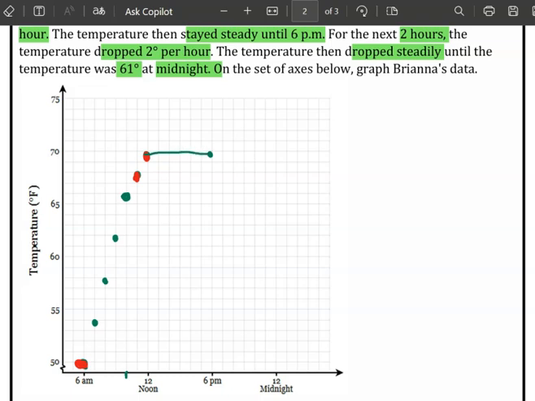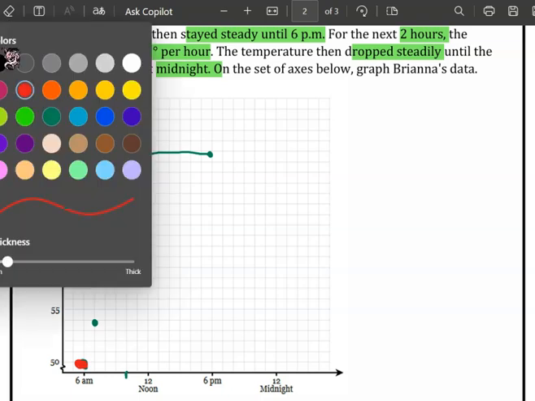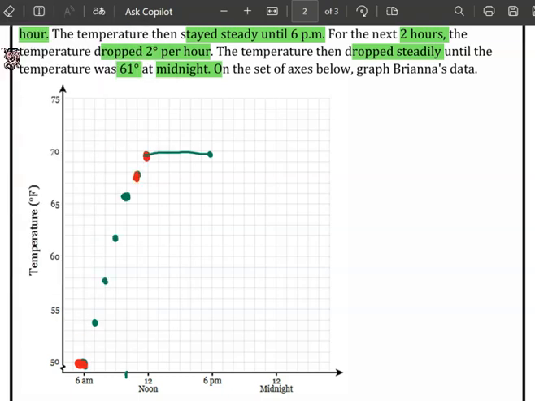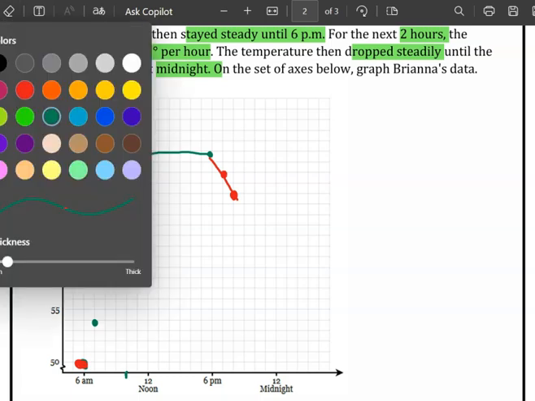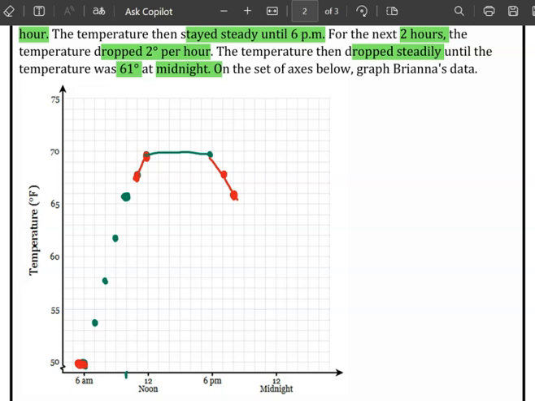So that's what happens right here. And then for the next 2 hours, the temperature dropped 2 per hour. So that was 2 hours. And then the temperature dropped steadily until the temperature was 61 degrees at midnight.